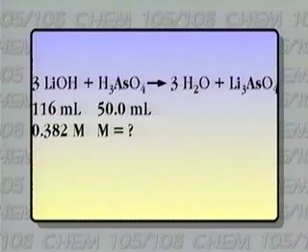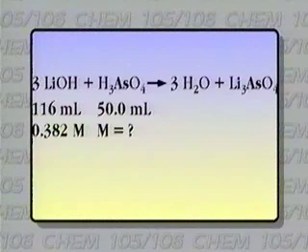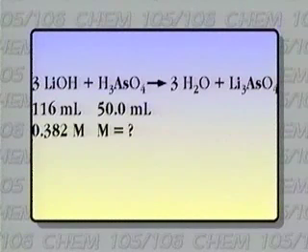The first one I have here is the reaction between the base, lithium hydroxide, and the acid, arsenic acid. It gives us the information that we started with 50 milliliters of the acid. We put it into a flask, just like shown in the previous slide.